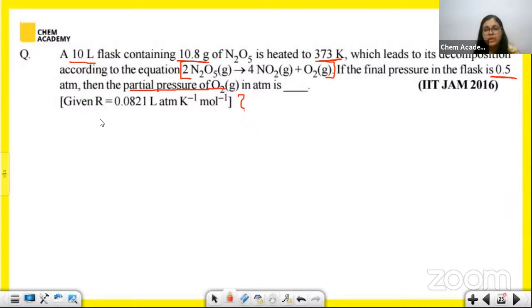Now, in this question, first of all, we will begin by calculating the number of moles of N2O5 from the given amount. The moles of N2O5 will be, what is the given mass? 10.8.